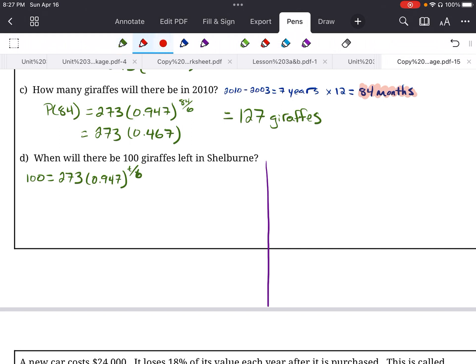So when I tried t equals 16 years, which is 192, whoa, sorry, I shouldn't have done 16 years. 6 years, because it's divided by 6. My apologies. So 6 times 12, 72.